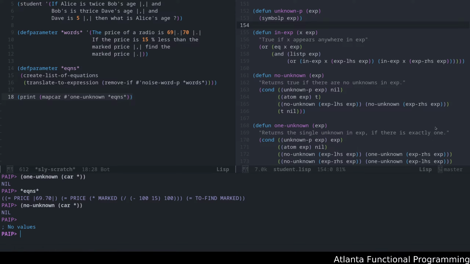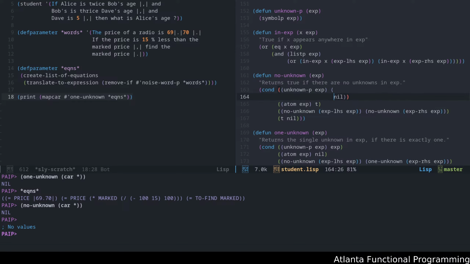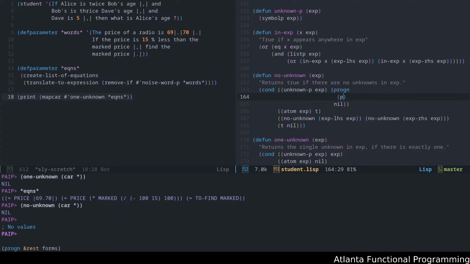Okay, so we need to figure out in the no unknown case which case it's dealing with, because there are two cases here. CPWR progn print first case. We're doing some printf debugging here just so that I don't have to go through and step through it.